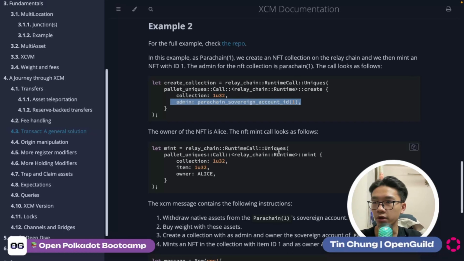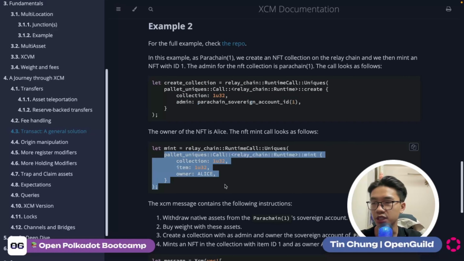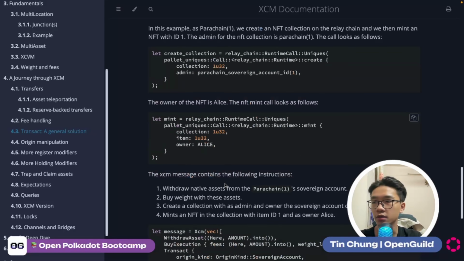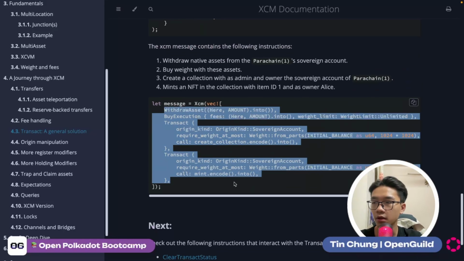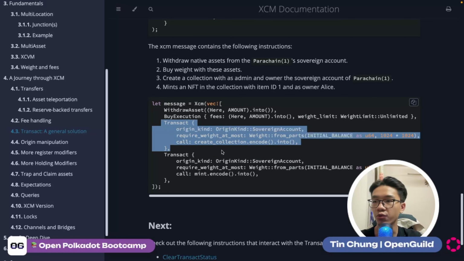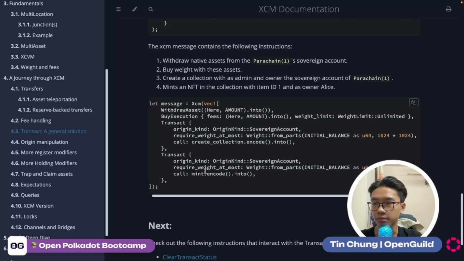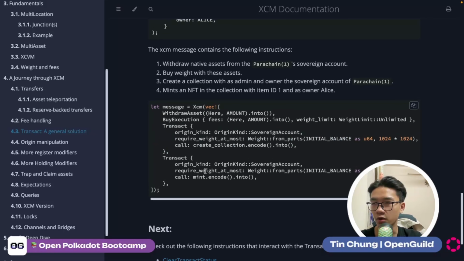Then you call to mint a new token on the relay chain for that parachain sovereign account. And that's how you can send a message to a relay chain to create a new NFT collection across the blockchain.